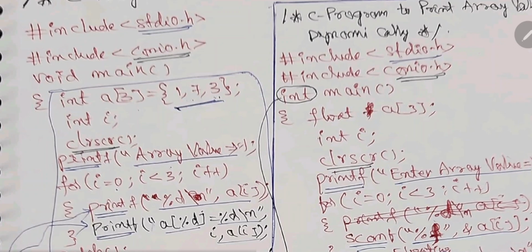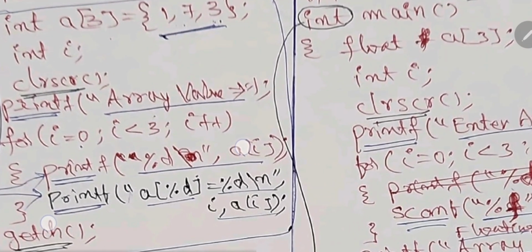This is a for loop; I have already made a video on the for loop. printf("%d\n", a[i]); the percentage d is where the value will be printed. The value of a[i] will be printed here, then the next value, and then the last one.